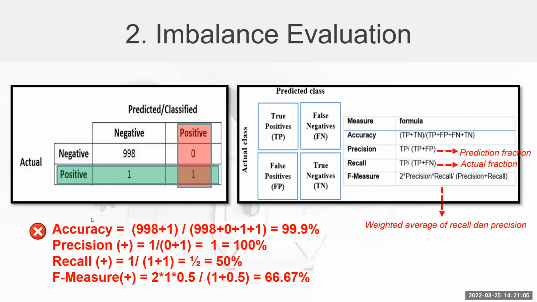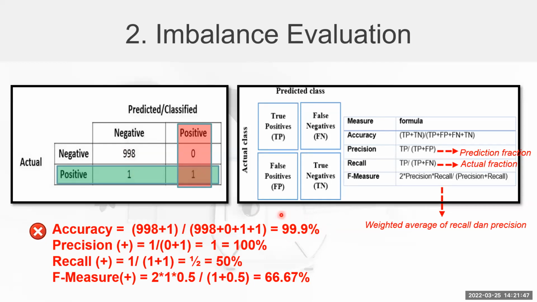We can see that the accuracy of this confusion matrix is very high, 99.9%. Where does the number come from? 998 plus 1 divided by 998 plus 1 plus 1 plus 0.